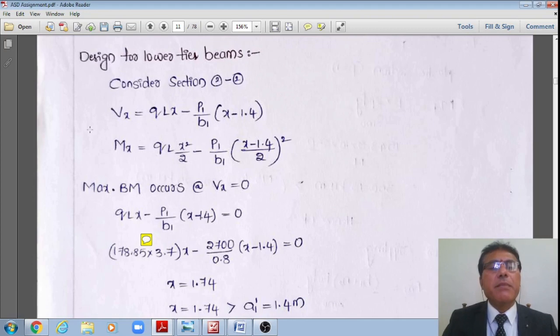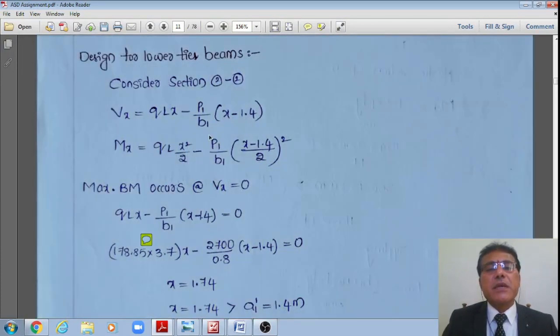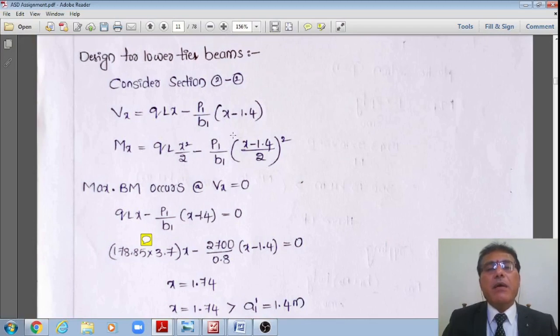Similarly, the bending moment is equal to Q multiplied by L, the intensity of the load acting over a distance of x, concentrated at a distance of x by 2, minus P by B1 multiplied by x minus 1.4 multiplied by x minus 1.4 divided by 2.